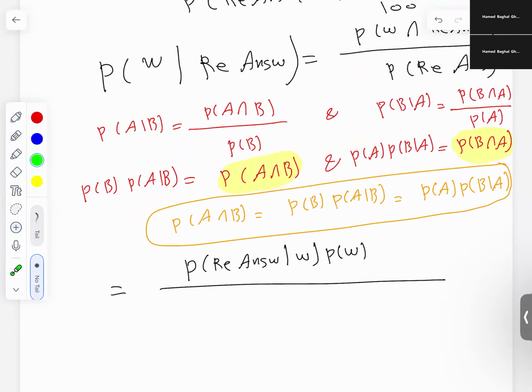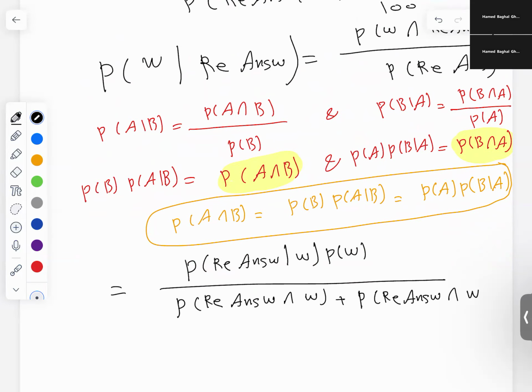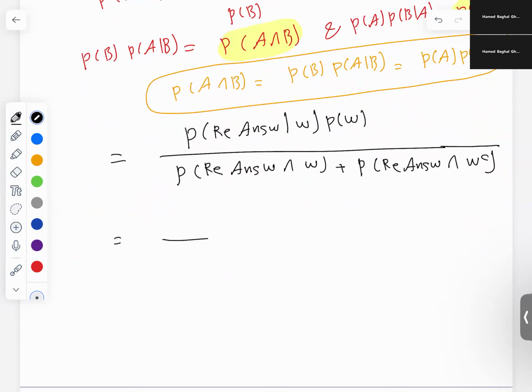Probability of return answer is like probability of return answer intersection the machine working plus return answer intersection the machine is not working equals now this guy here is same as this one.